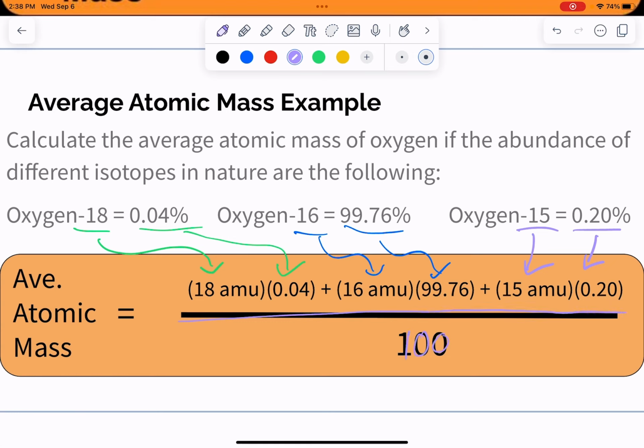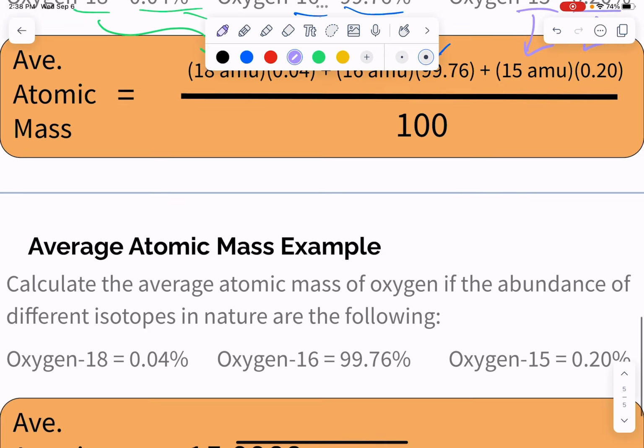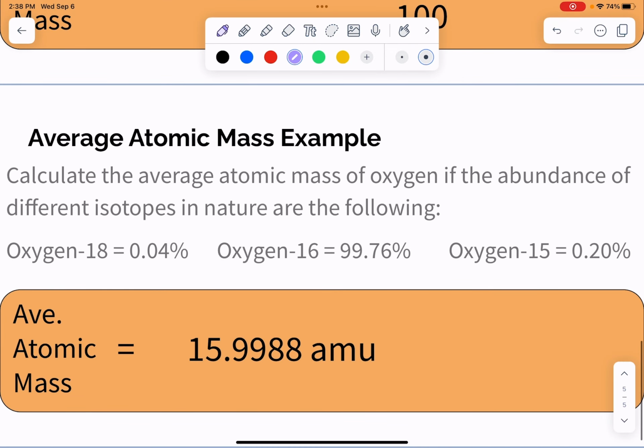Now one thing that I do suggest is do the whole top part first, hit enter in your calculator, and then divide by 100, just to save yourself headaches. When we do that, we should get an answer right here of 15.9988 atomic mass units.